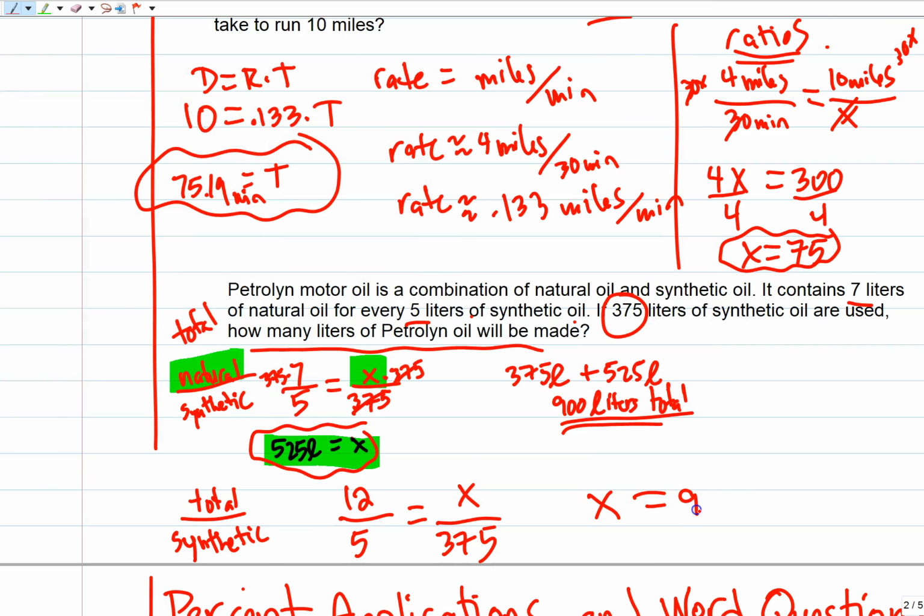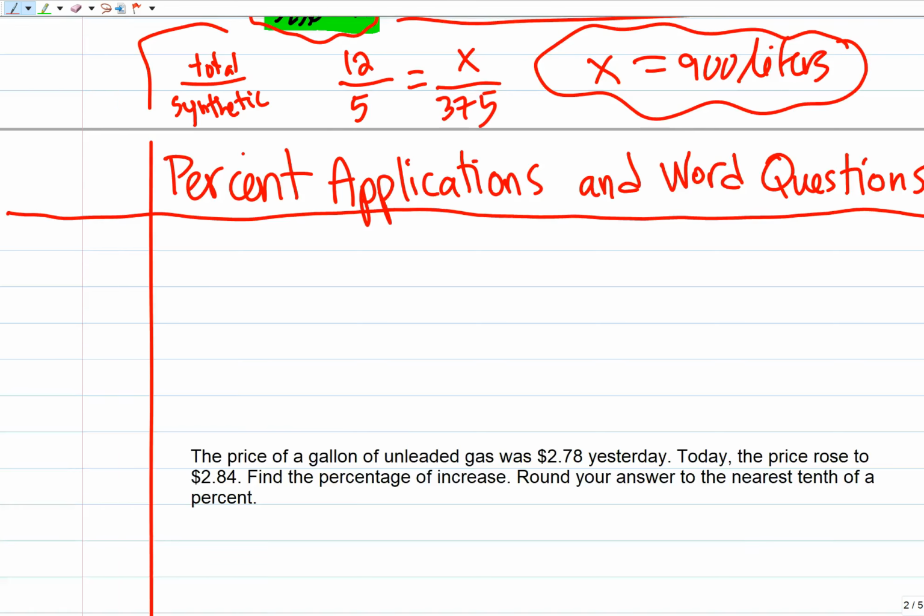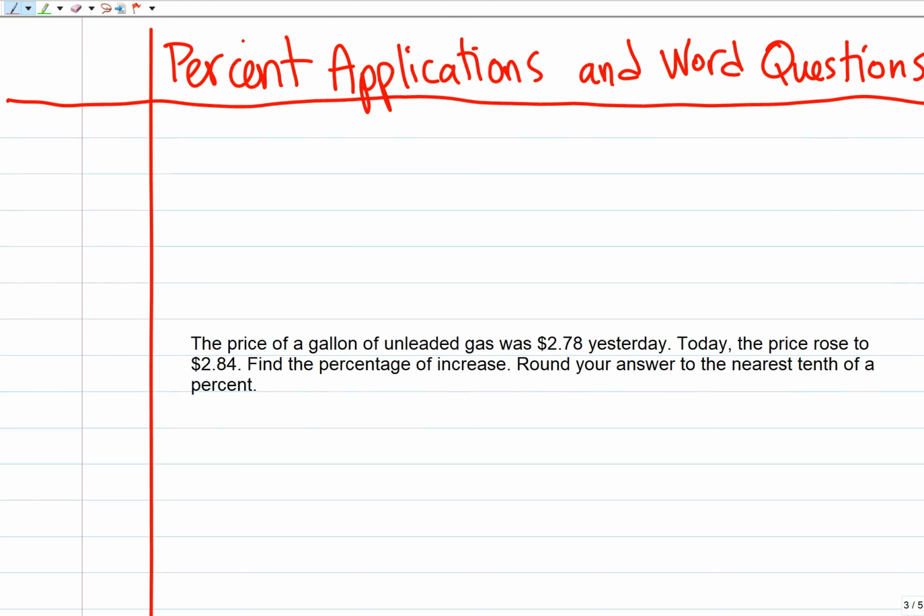Notice this time it went straight to the 900 because our ratio was set up for the total. I wouldn't expect most of us to do it this way, but either way, you should get the same answer. Okay? Now let's go ahead and do some more questions with percents.